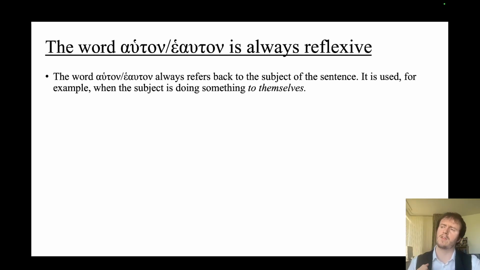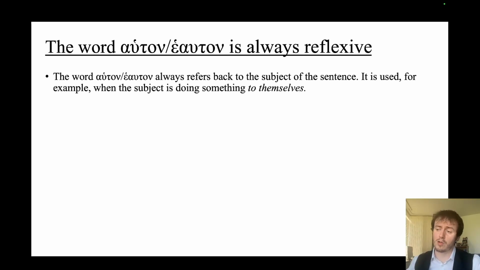So, for instance, if you said, the slave is looking at himself, there, himself would be ἑαυτον. It refers back to the person in the nominative, or the people in the nominative, always. And that's how you know whether to translate it as himself, herself, itself, or themselves.